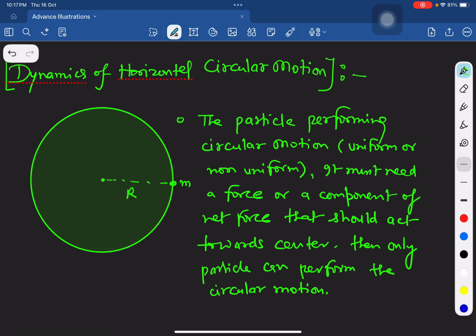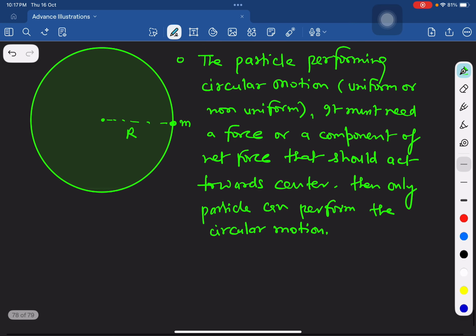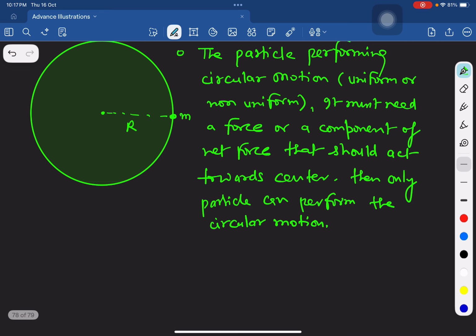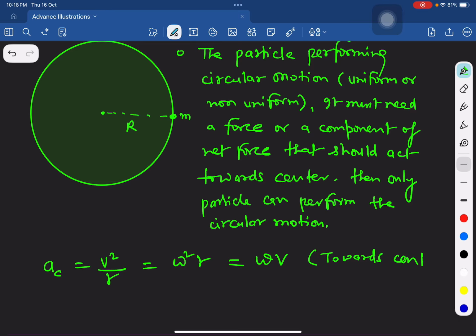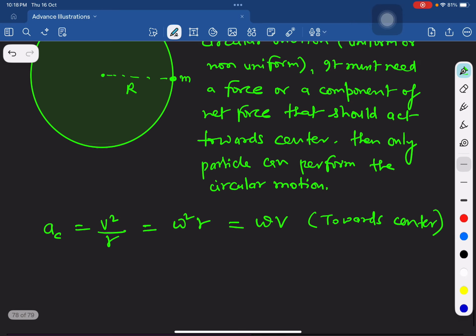We have seen that there is an acceleration towards the center, and that centripetal acceleration was either v square by r, or omega square r, or omega into v, towards the center. So what we can say is that you need a force.